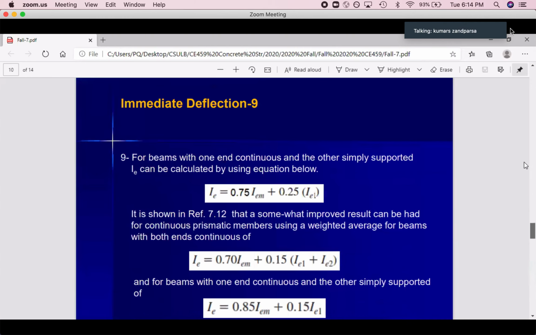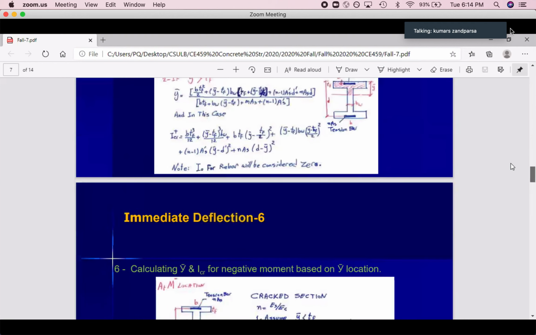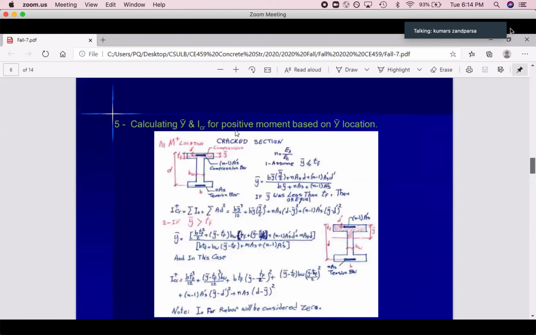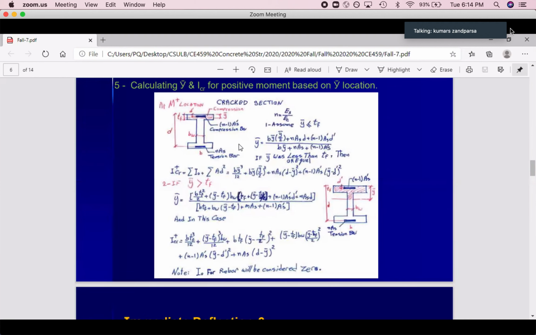Please, from the start, go through all of it. Then cover this and try to find y bar based on the equation, using the moment of area.